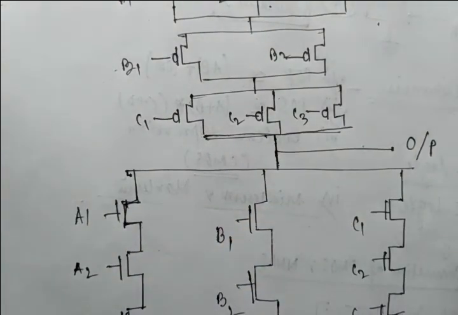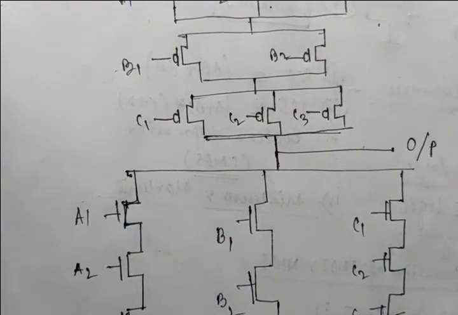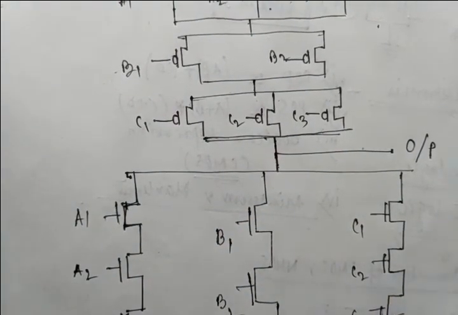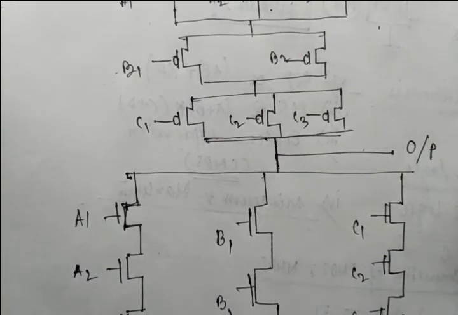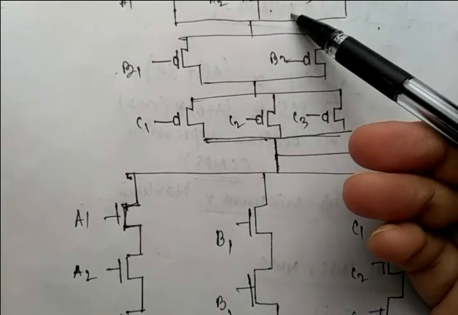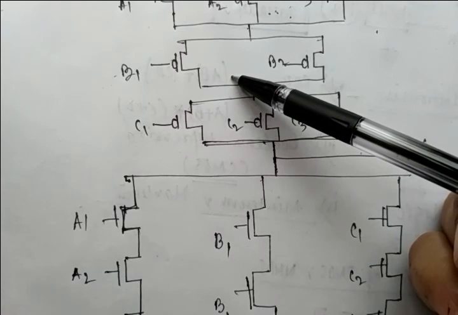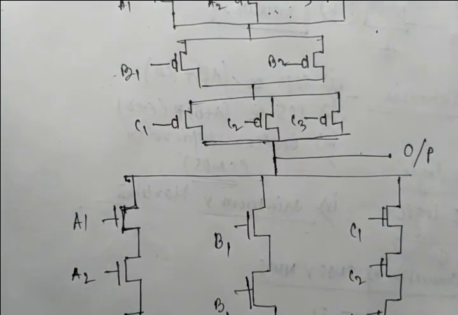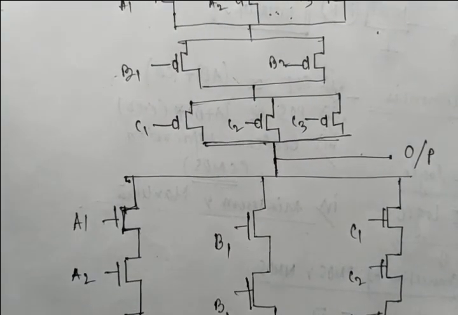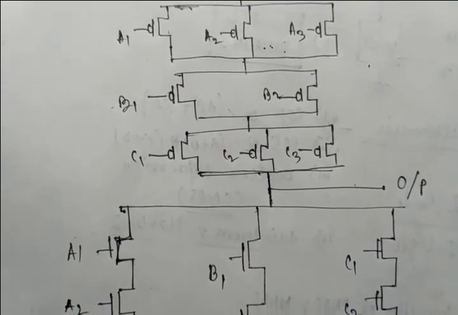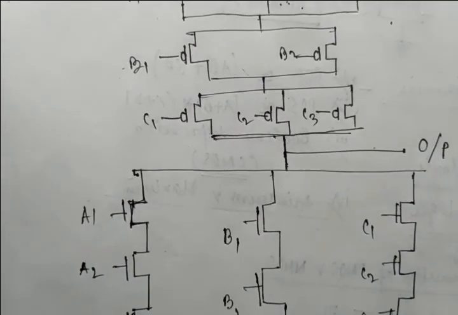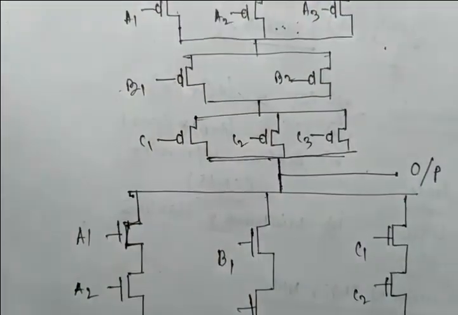The concept is very clear, the same concept, but the design rules are different. The upper portion will be parallel branches series connected just like the lower portion was, and the lower portion will be series branches parallel connected just like the upper portion was. So if we design using OAI logic, it will be just the opposite.